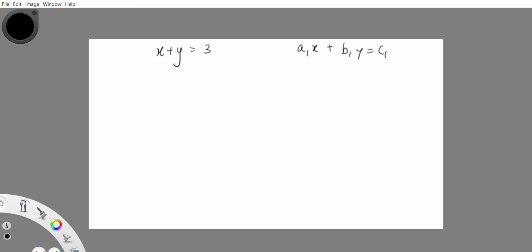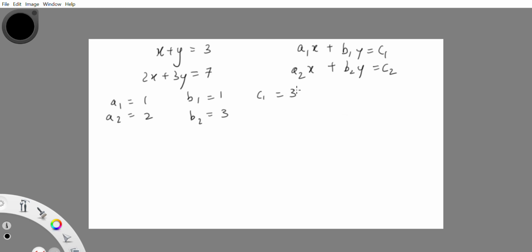Coming back to our second equation, we had 2x plus 3y is equal to 7, which is a2x plus b2y is equal to c2. Now a1 is equal to 1, a2 is equal to 2, b1 is equal to 1, b2 is equal to 3, c1 is equal to 3, and c2 is equal to 7.